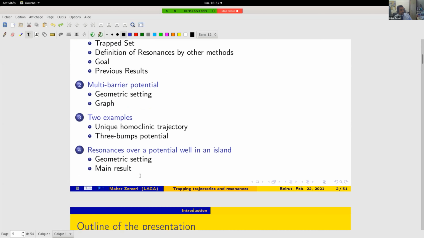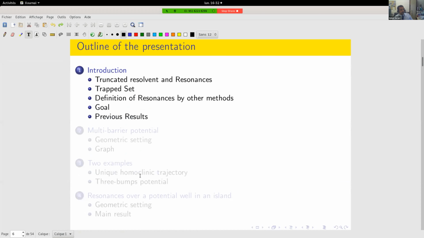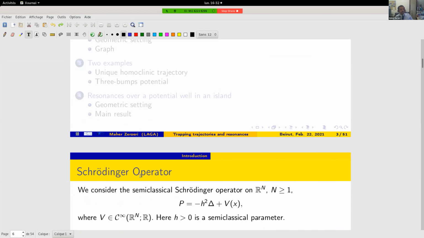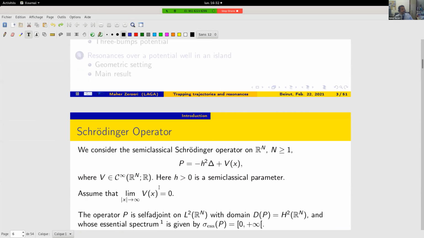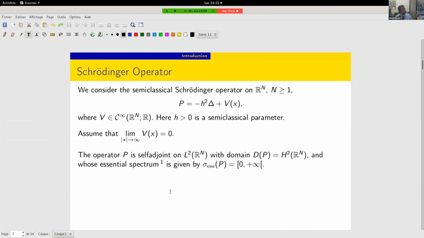So please, I start with, of course, the semiclassical Schrödinger operator, minus h squared Laplacian plus some potential, where h is a semiclassical parameter. We assume that our potential goes to 0 at infinity.